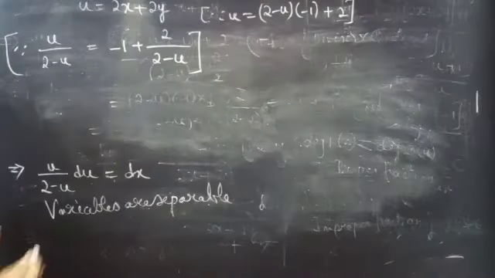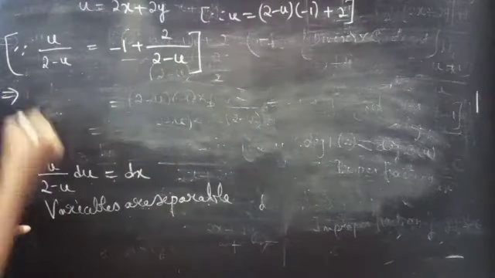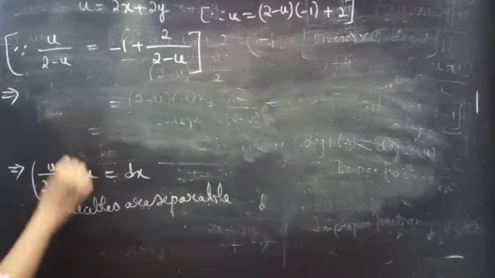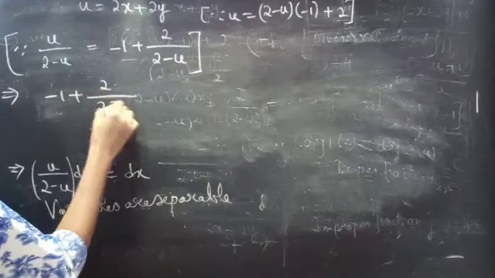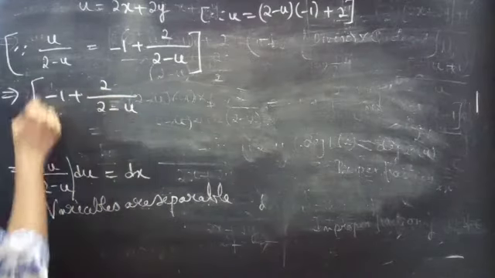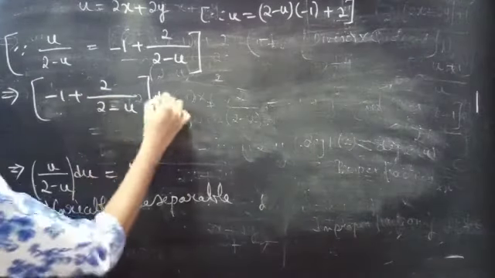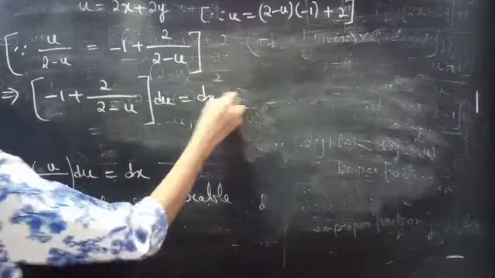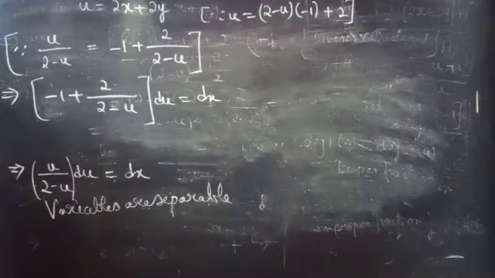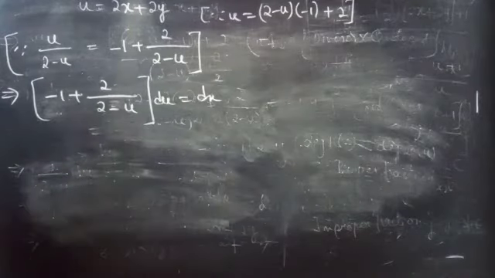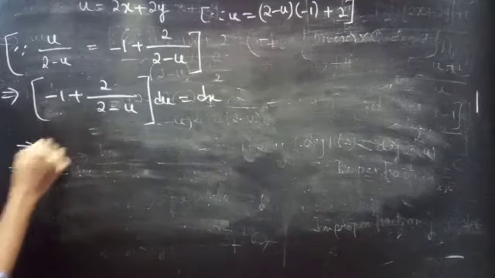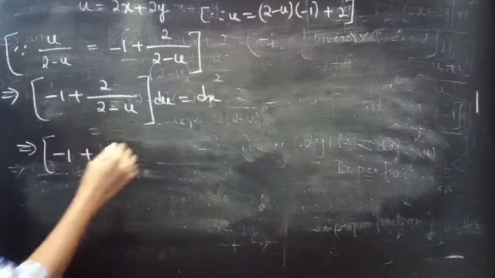Simply replace this fraction by this, you'll get minus 1 plus 2 by 2 minus u into du equals dx.